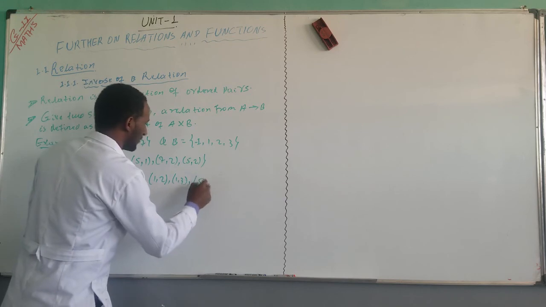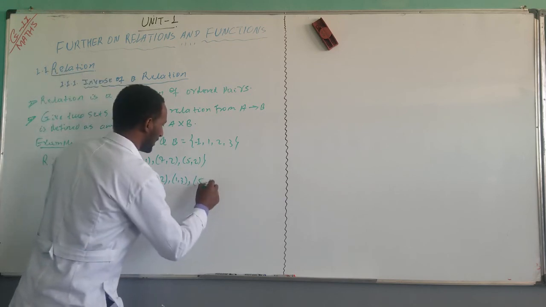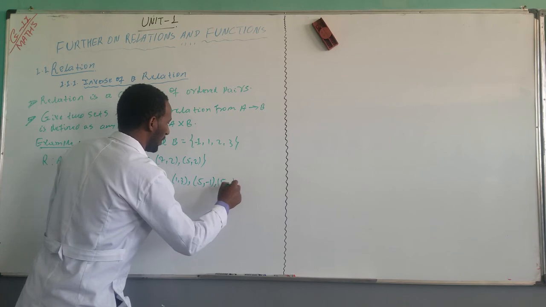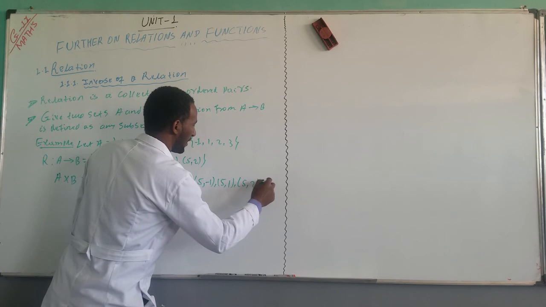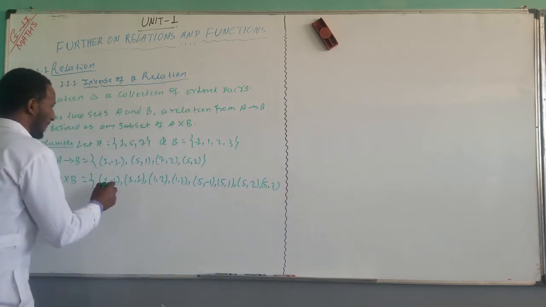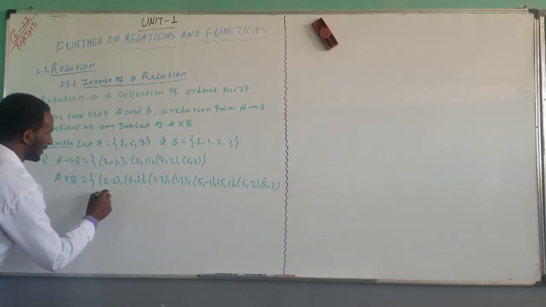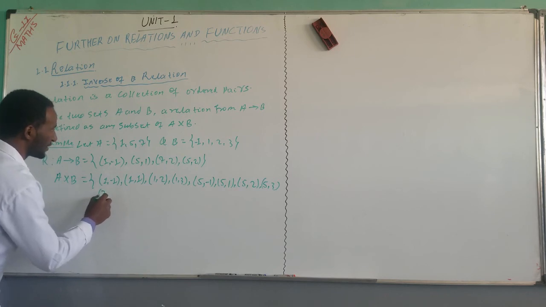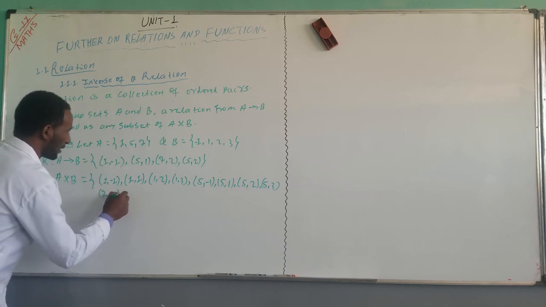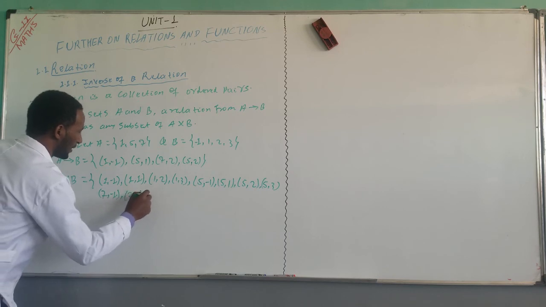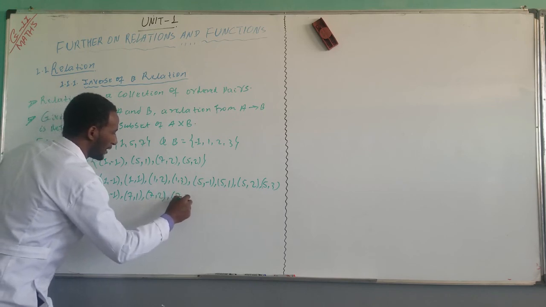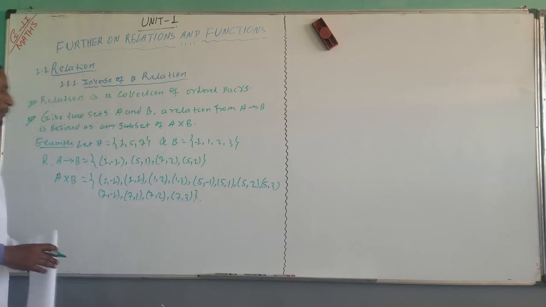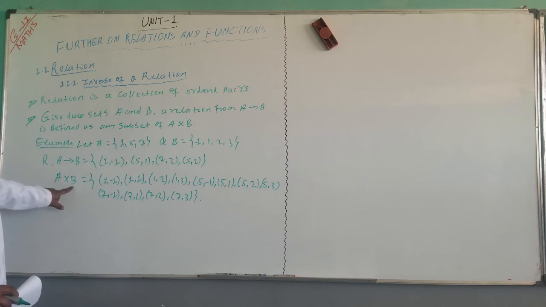Then let us take 5 as the first entry: (5, -1), (5, 1), (5, 2), (5, 3). Then 7 as first entry: (7, -1), (7, 1), (7, 2), and (7, 3). This is the cross product A cross B.